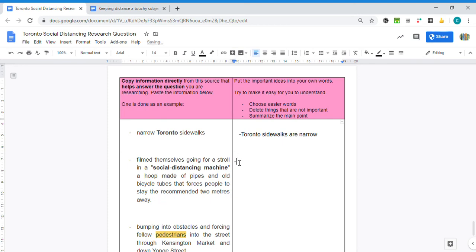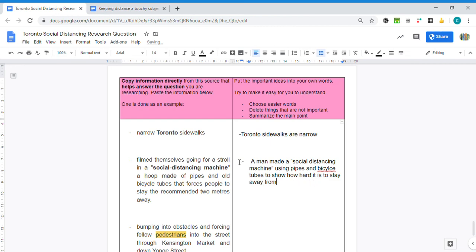So what do I want to say about it? I'm going to say, man made a social distancing machine using pipes and bicycle tubes to show how hard it is to stay away from others. 2 meters.